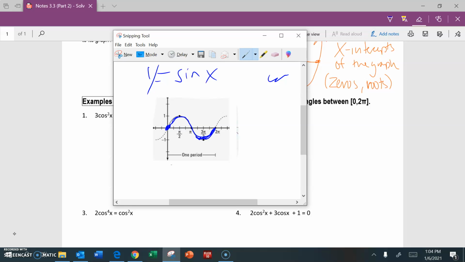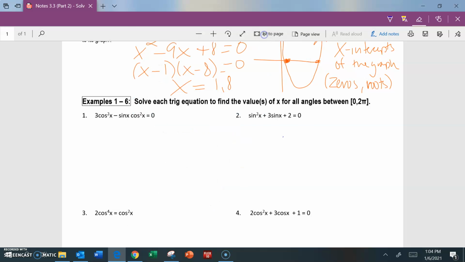The important thing to remember is that our amplitude went from 1 down to -1. Our domain was all real numbers, but the range for the parent went from -1 to 1.